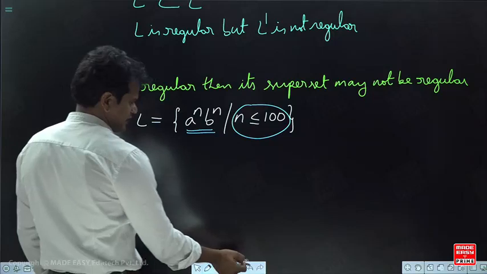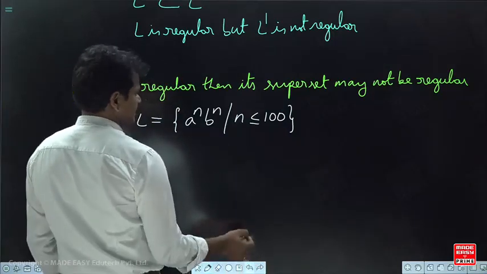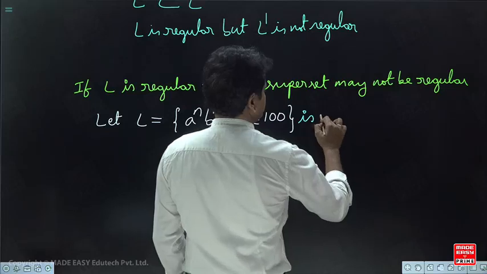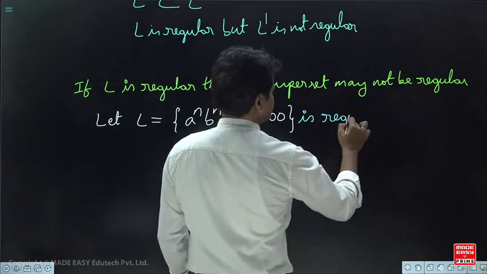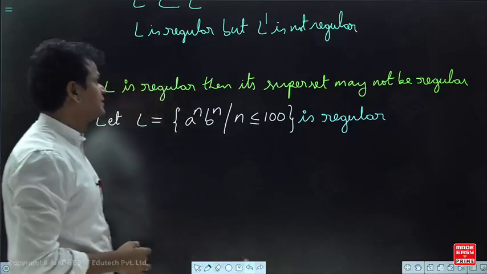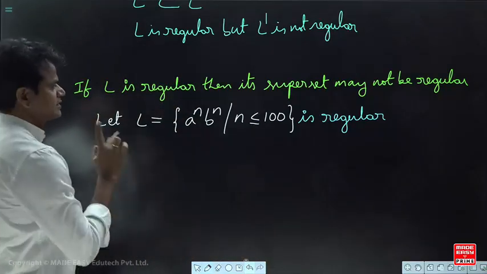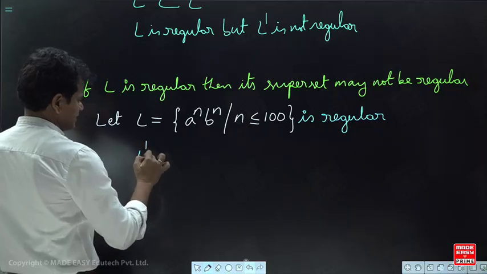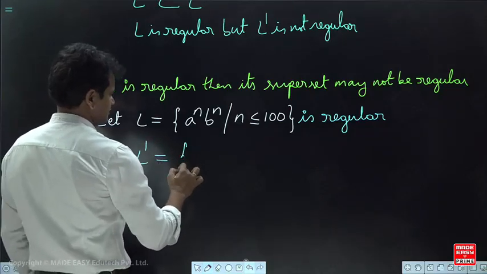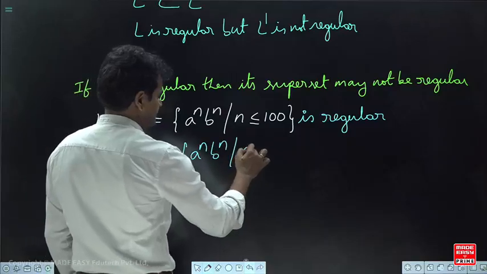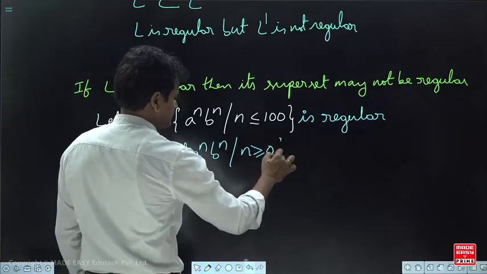So relation finite, comparison finite, is regular. Are you following? Relation is there, but that relation is finite, so this is regular. Now guys, I am taking L dash, a^n b^n, n greater than or equal to 0.